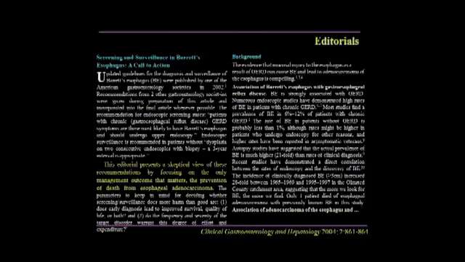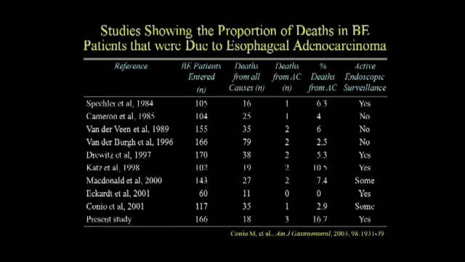The other slide I showed you was the numerator, not the denominator. And in fact, if you look at a different compilation of studies, and you look at deaths from all causes, deaths from esophageal cancer, and the percent of deaths from esophageal cancer, and whether patients were surveilled or not, there isn't as dramatic a relationship between those that were surveilled and those that weren't surveilled.